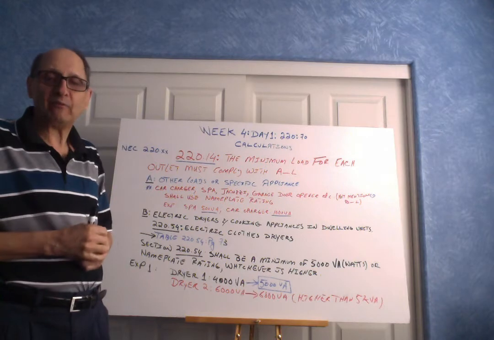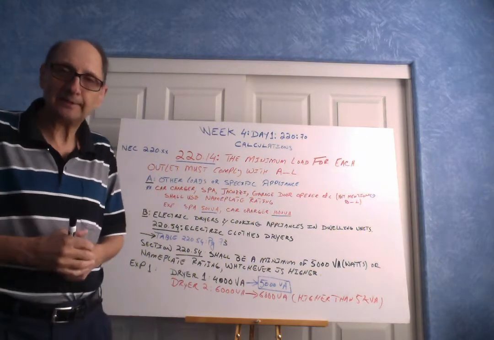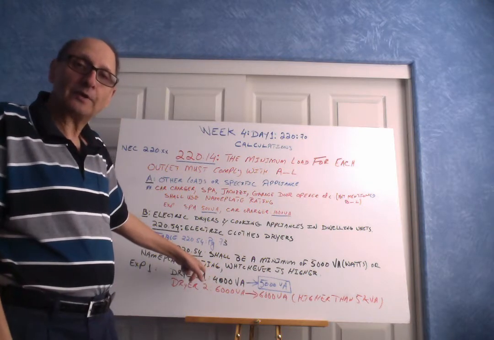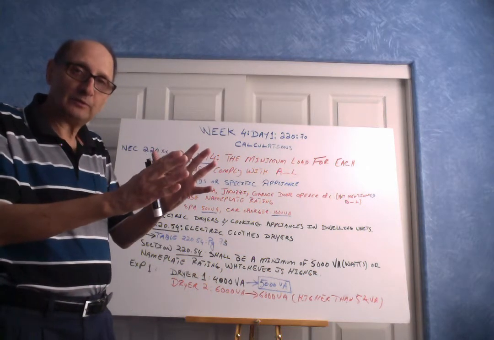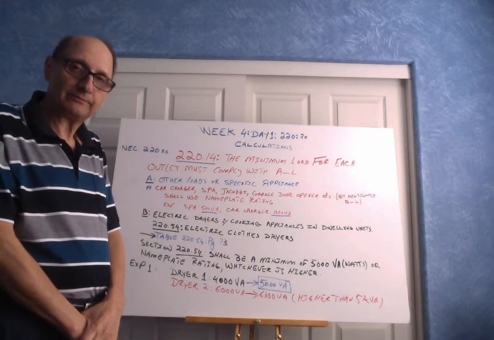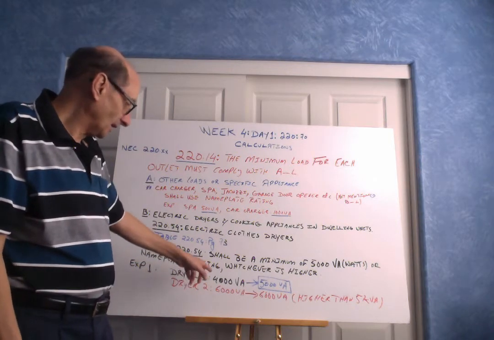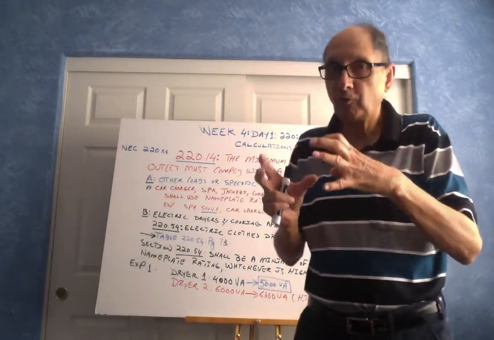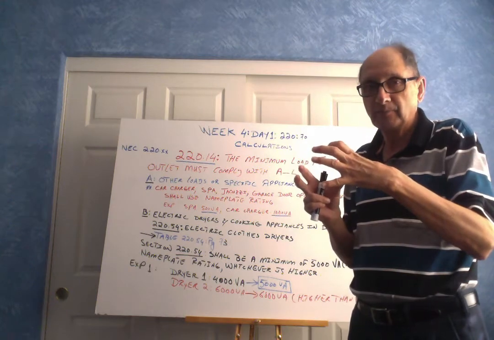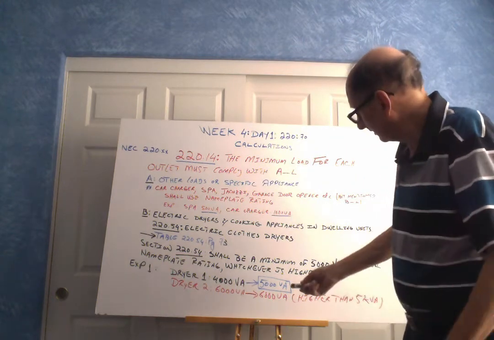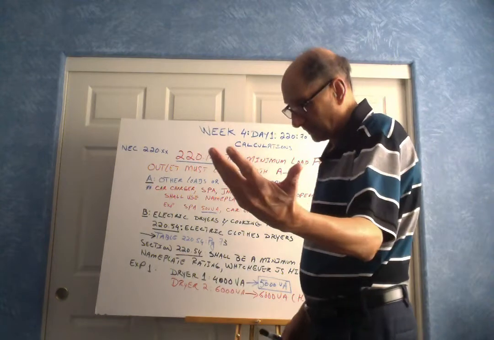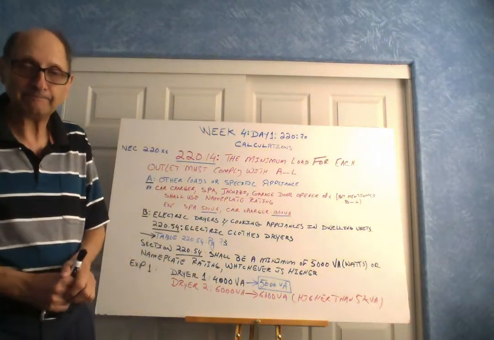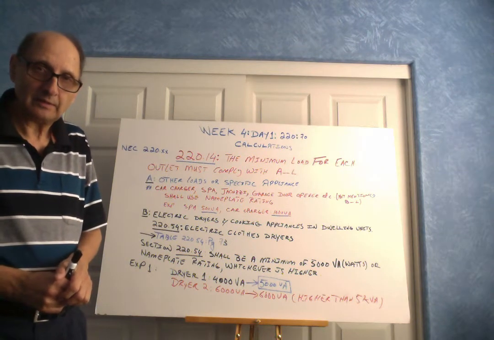What is the minimum value that we can use here for dryer number 1? That's what we're looking for. The nameplate or tag says 4000 VA or watts. What's the minimum? I'll give you a few seconds to read that line again and then give me the answer.